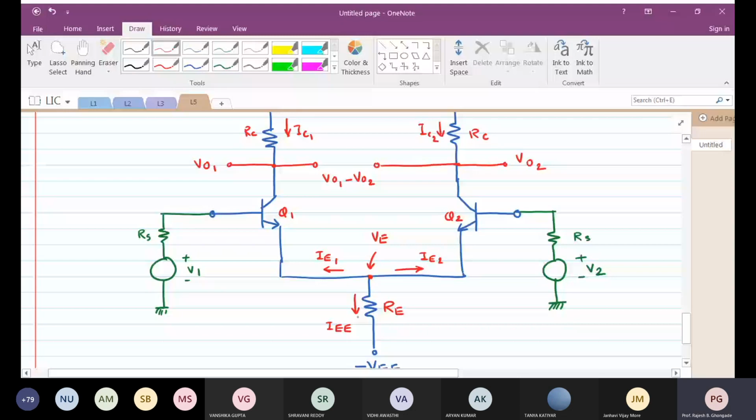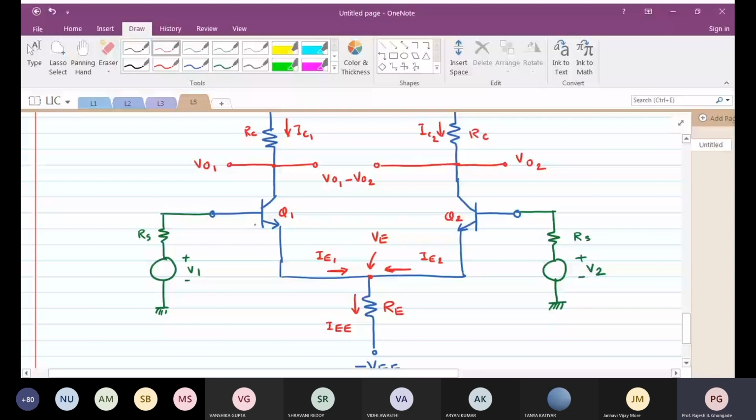Let me not confuse you at this point, so I'll keep the directions the same. This is plus minus VBE1.